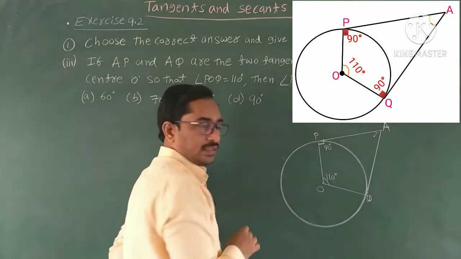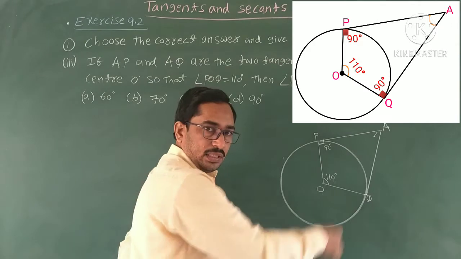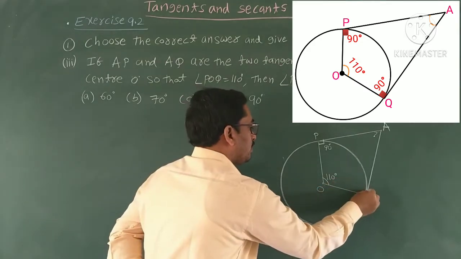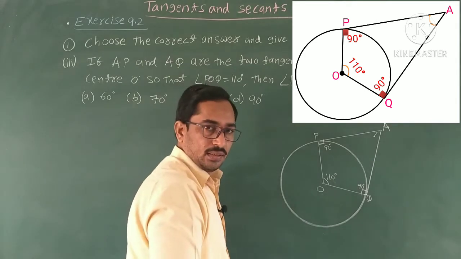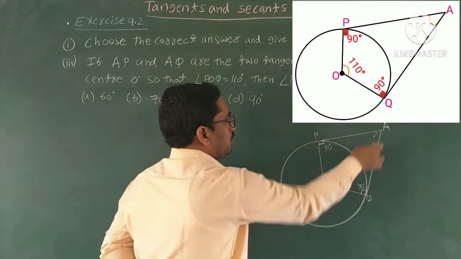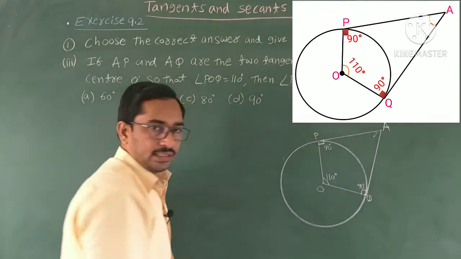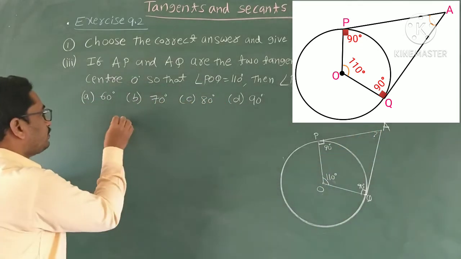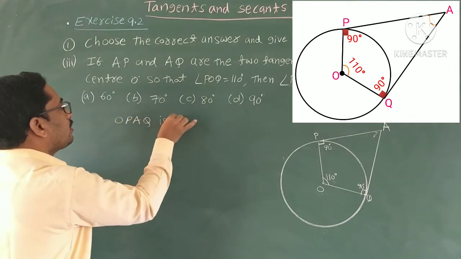So the angle at P is 90 degrees, and similarly the angle at Q is also 90 degrees, because it is also a point of contact. So in the quadrilateral, three of the four angles are known, so we can easily find the angle at A. See, observe, OPAQ is a quadrilateral.